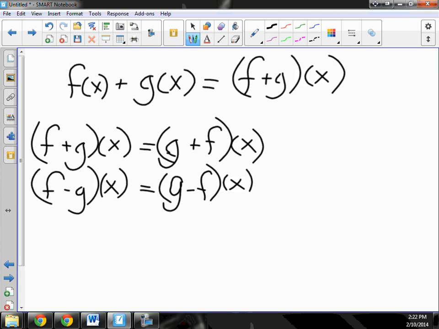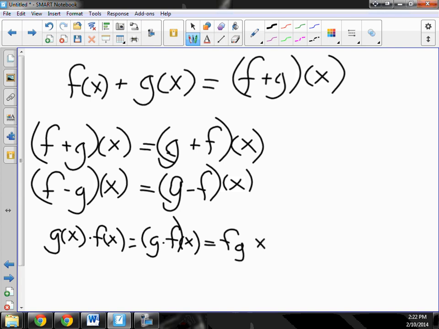Does multiplication commute? So let's just do g of x times f of x, which is the same thing as g times f of x. Is that the same thing as fg of x? Yes.